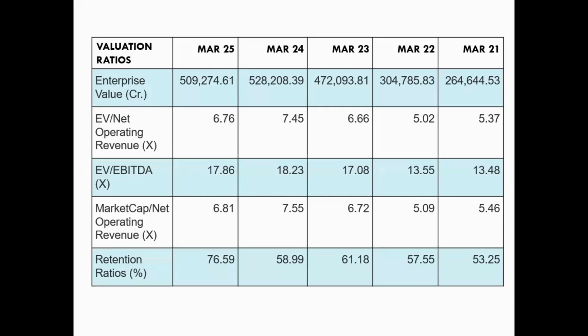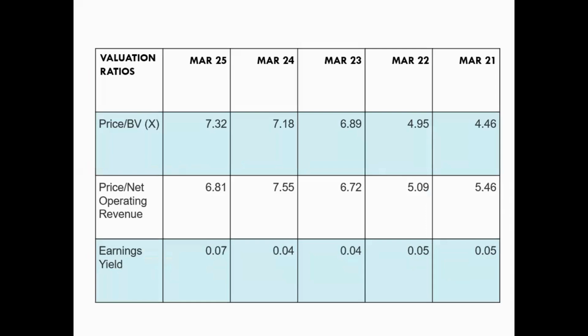Retention ratio is 46.59, 48.99, 61.18, 57.55, and 53.25. Price to book value ratio is 7.32, 7.18, 6.89, 4.95, and 4.46.